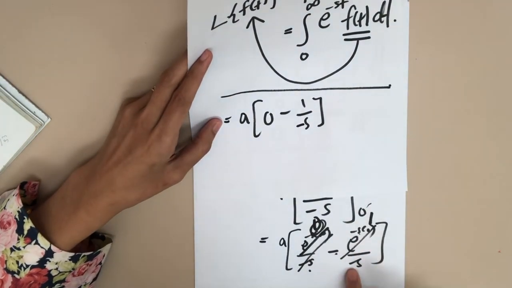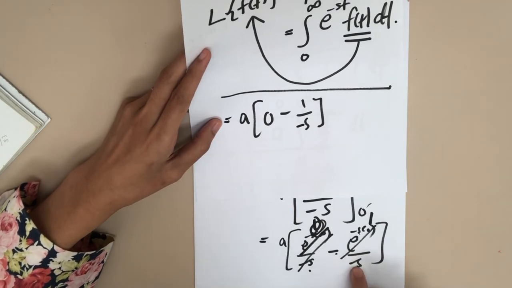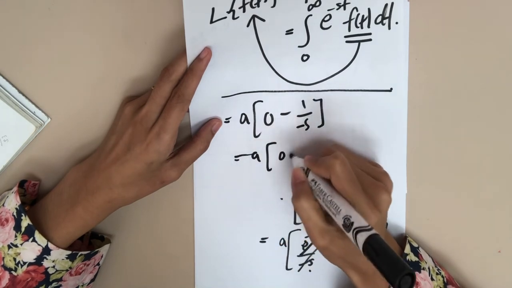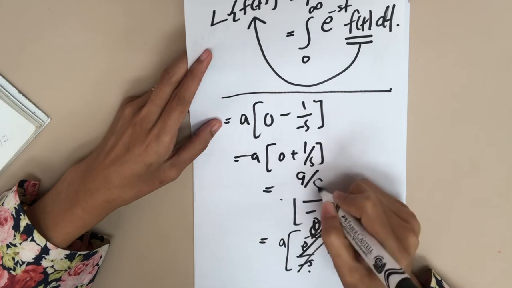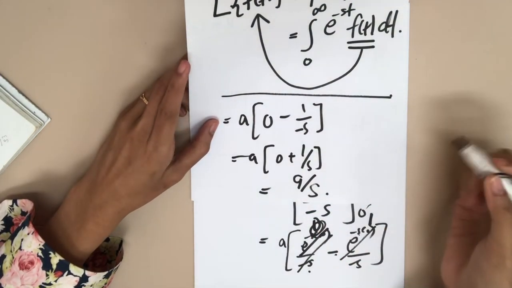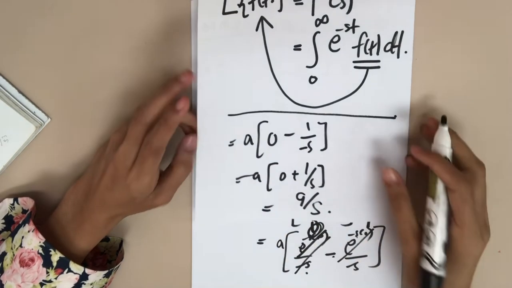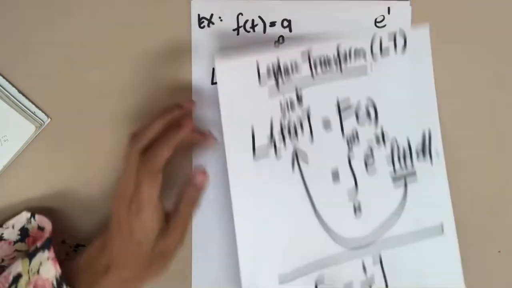Don't forget to write the negative here. So negative times negative becomes plus. So a times 0 plus 1 over s. Therefore, the answer will be a over s. Okay, a times 1 over s, of course, is a over s. So this is the answer.